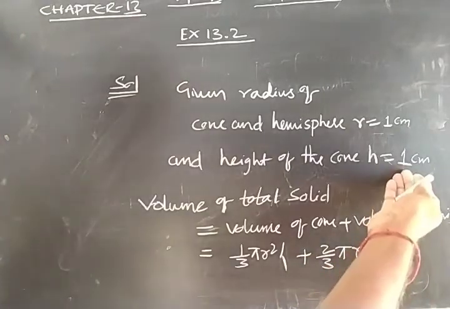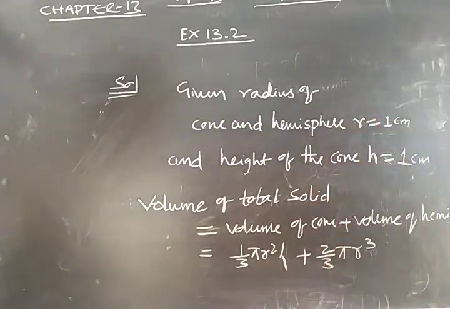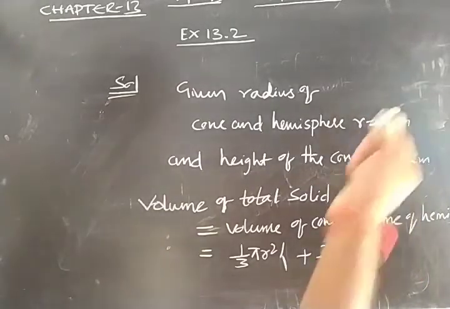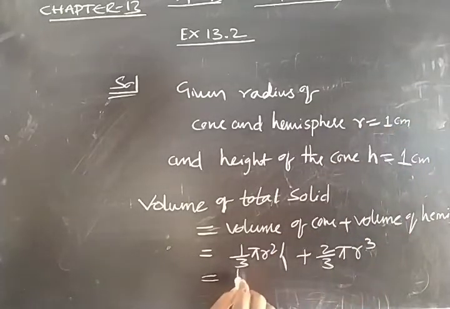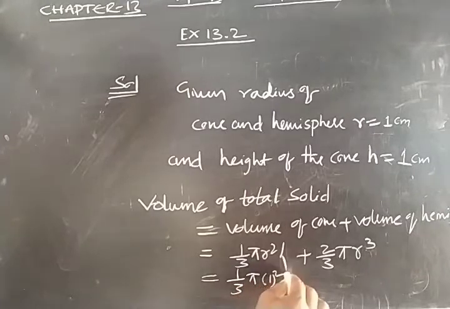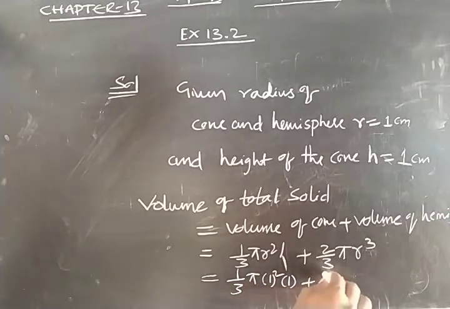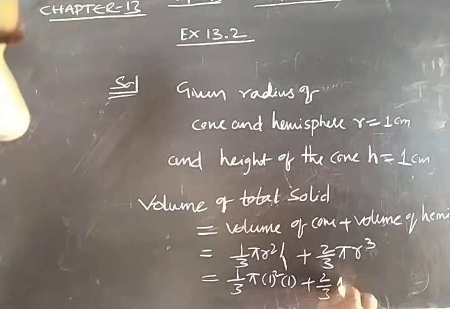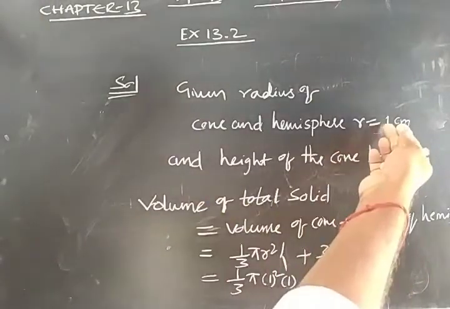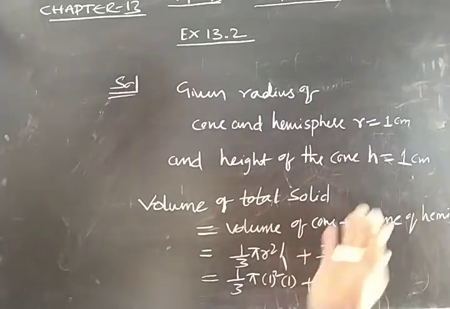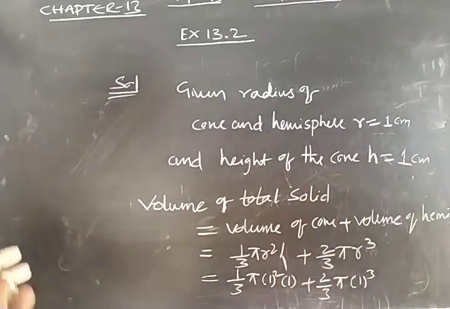We know the height of the cone is 1 centimeter and the radius of cone and hemisphere is also 1 centimeter. Now I am going to substitute the given values here. Then you will get 1 by 3 pi 1 square, height also 1 centimeter, plus 2 by 3 into pi 1 cube. I substituted 1 in place of the radius r and 1 centimeter in place of the height.